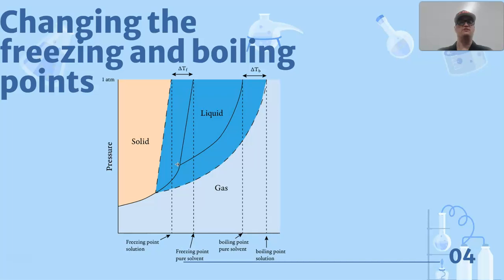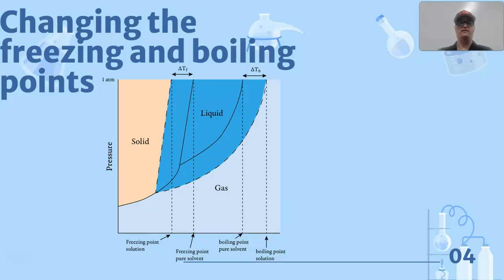When we add stuff to it, it expands out the liquid form, therefore lowering the freezing point and elevating the boiling point. Freezing is affected because solute particles help the arrangement of the solid solvent, so less energy is needed in the system to solidify the solution. Essentially, it makes it more dense, allows it to solidify easier.